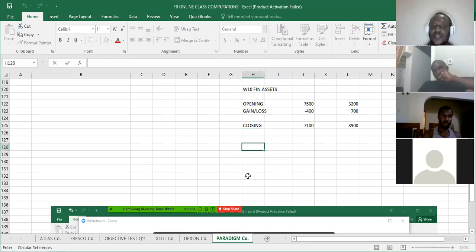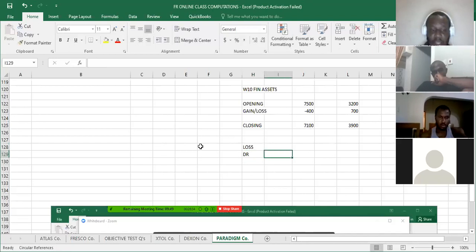So what we'll do now is, this is the gain. So for the loss, first of all, we'll debit the group retained earnings, because that's for the parent, by 700, 400 rather.